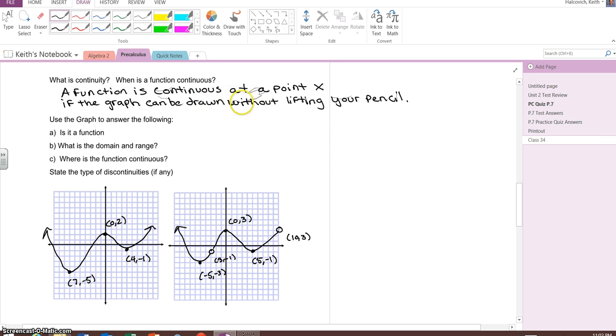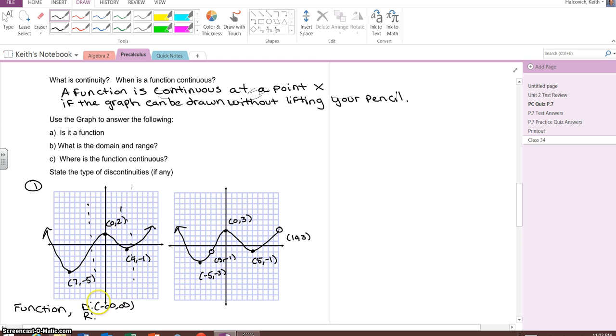So if you look at these two graphs, first of all, let's look at part one. Part A, is it a function? Well, this one for number one, this one is a function because it passes the vertical line test. Notice if you did a vertical line test at any point, it would be a function. What is the domain and range? Well, the domain, if you notice, there's arrows on the right, arrows on the left. It's continuous, so it's all real numbers.